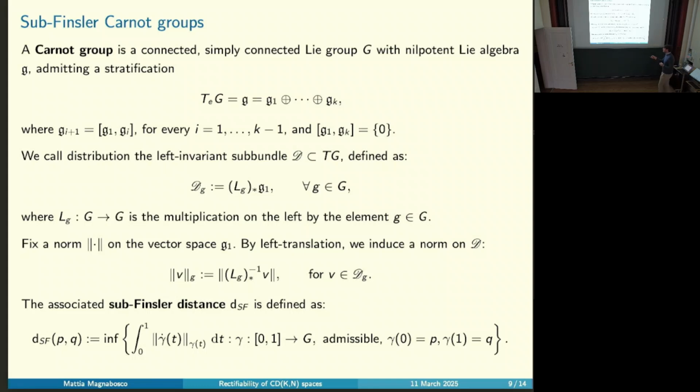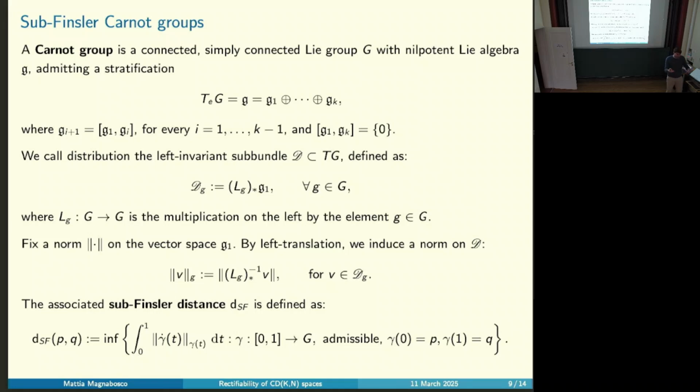So in this length minimization procedure, you just consider admissible curves gamma, and admissible simply means that gamma dot is inside the distribution at every point, and being a vector inside the distribution, you can really compute the speed at every point because the norm is defined on the distribution. Then you can integrate the speed and get the length of the curve. Okay? And then you minimize and you obtain the so-called sub-Finsler distance.